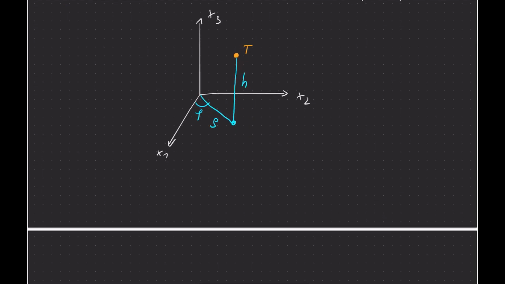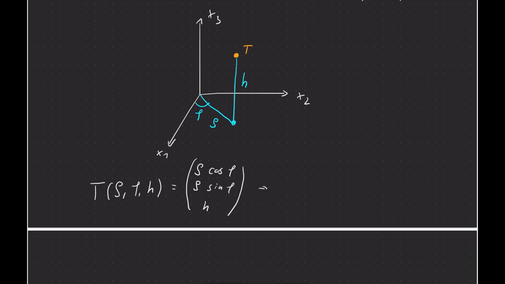And the formula for this is, of course, straightforward. If you have a point with cylindrical coordinates rho, phi, and h, then the x1, x2 coordinates are the same as the planar polar coordinates. So you have rho cosine of phi, rho sine of phi, and the x3 coordinate is just the height. So it's like this.